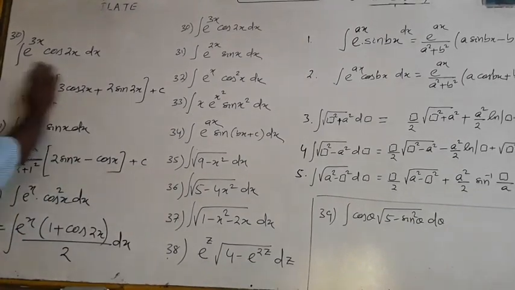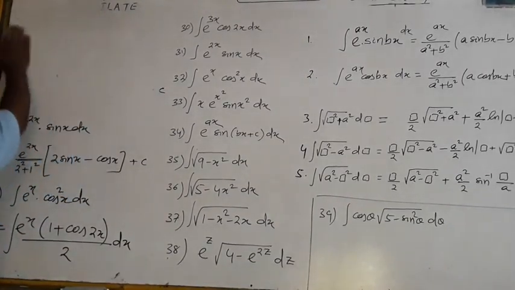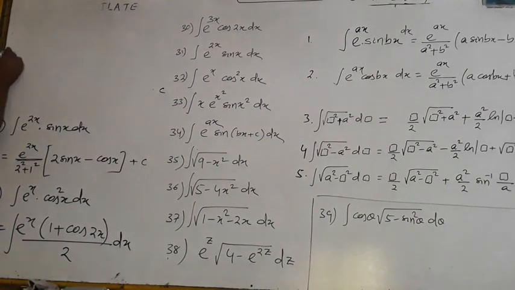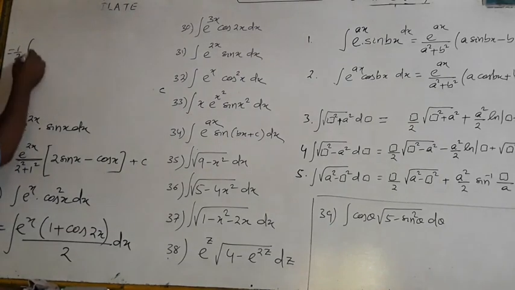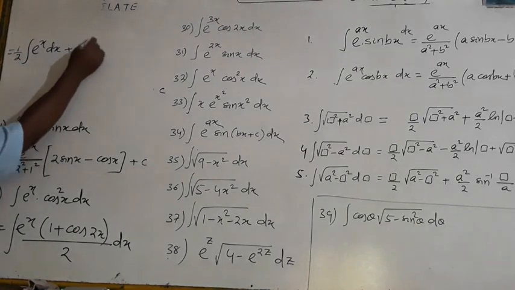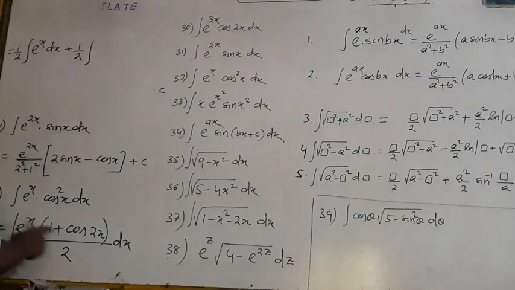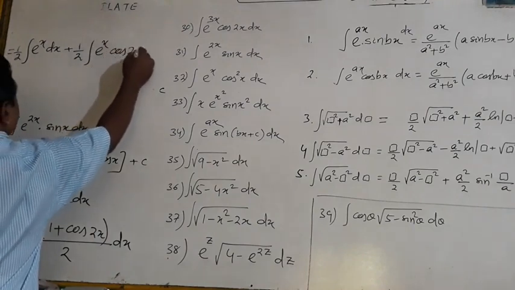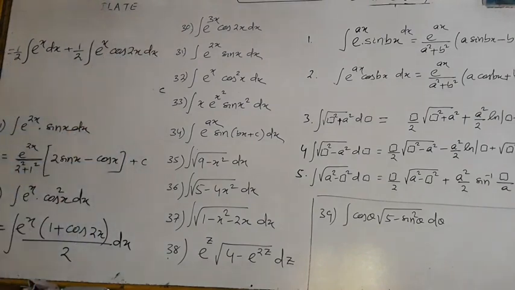Then what will you do? Look at what I am doing. I am writing 1 by 2 integration of e to the power x dx plus 1 by 2 integration of e to the power x cos 2x dx. Now you can do this.